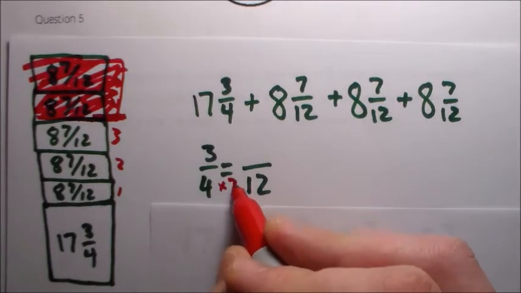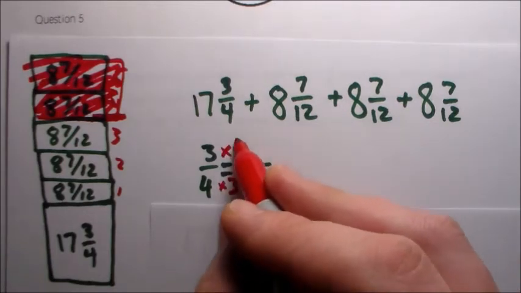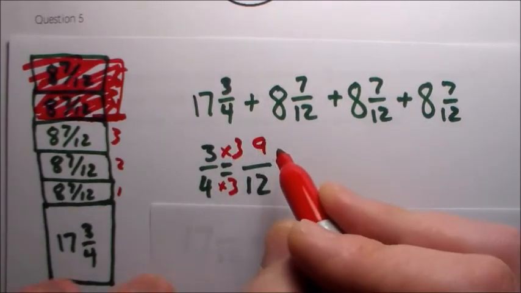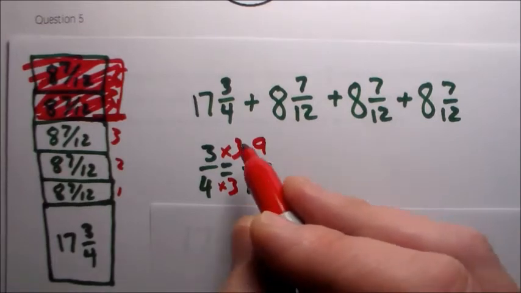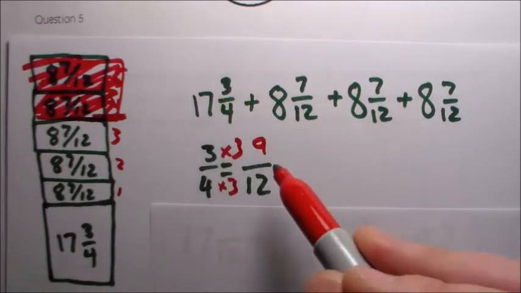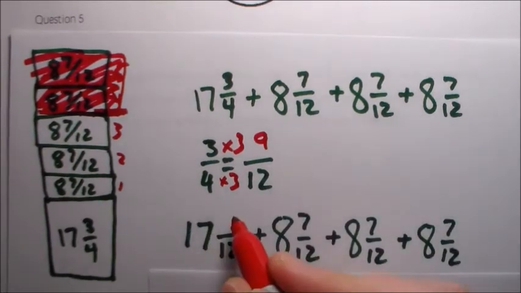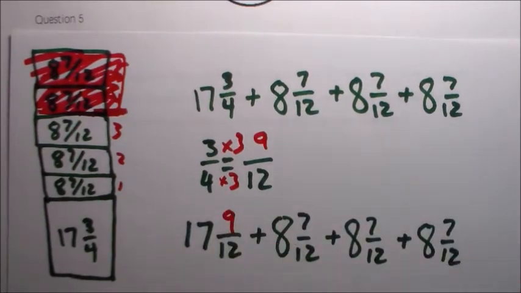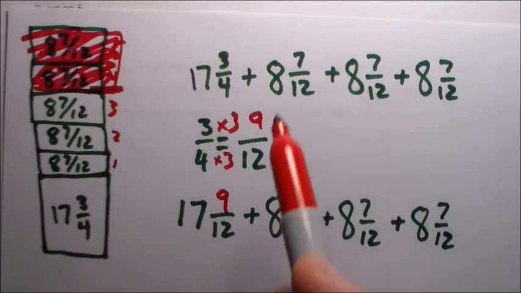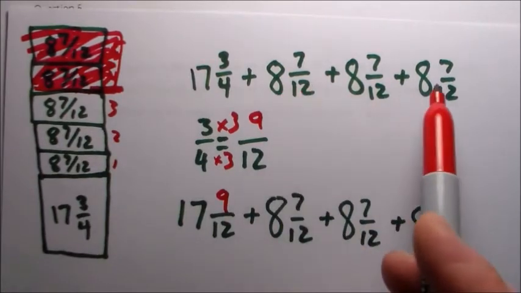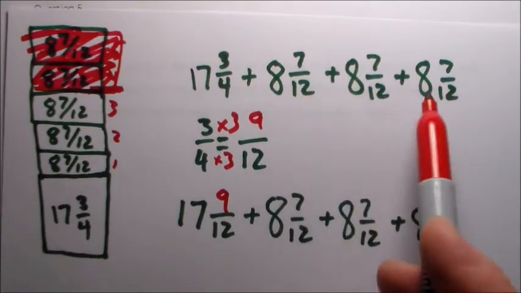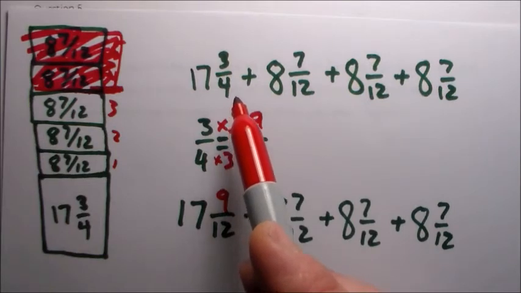But 4 times 3 is 12, and whatever you do to the bottom, do the same thing to the top. 3 times 3 is 9, so 17 3/4 becomes 17 9/12.